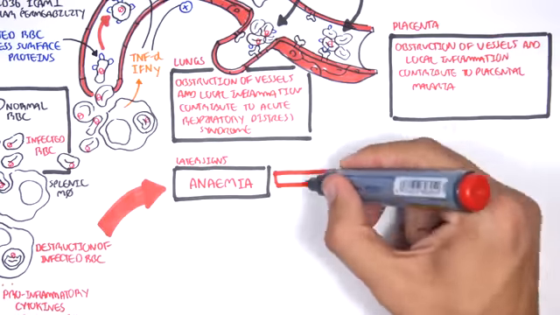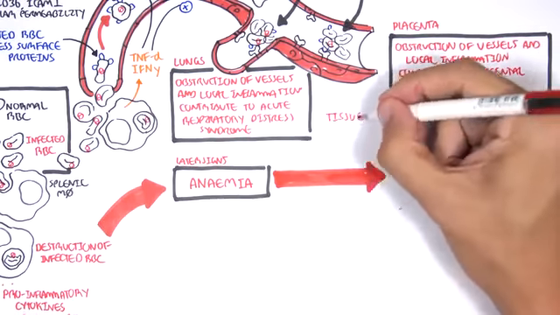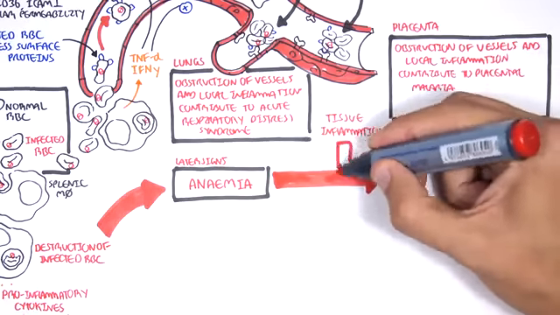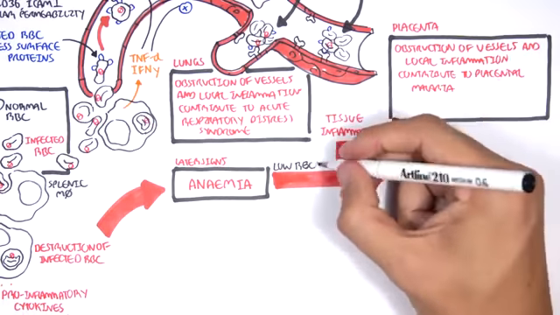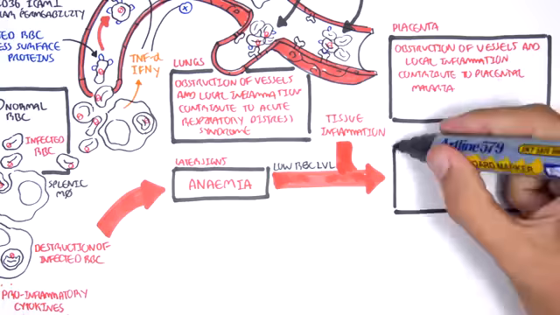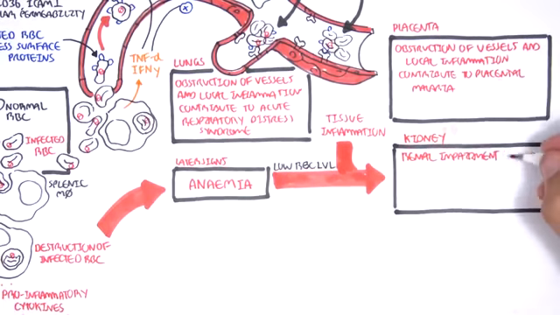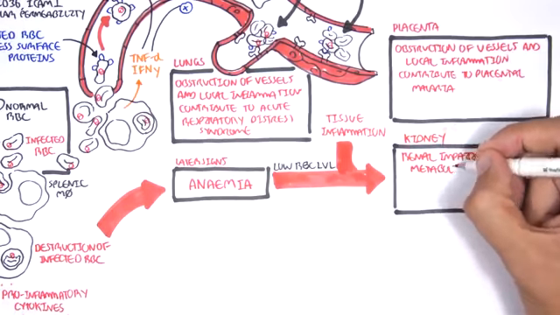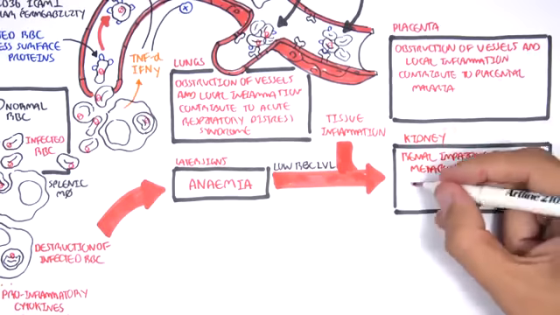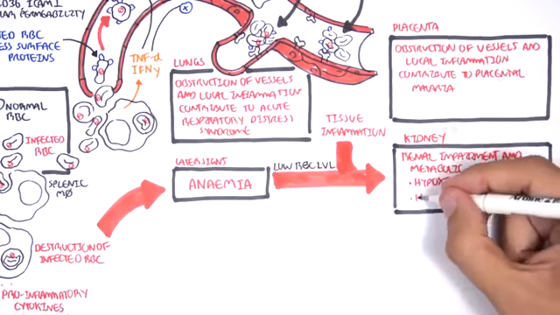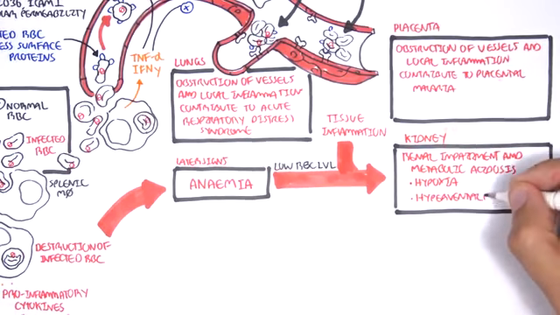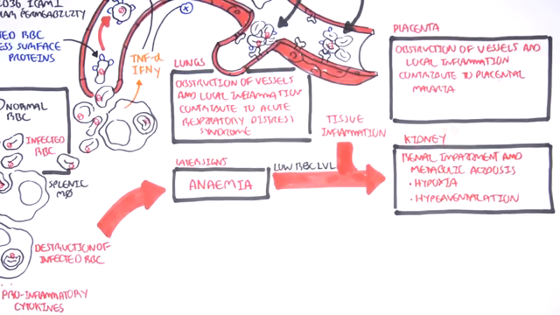Finally, the kidneys. Kidney problems can be caused by anemia and the tissue inflammation and coagulation process. And this will lead to renal impairment and metabolic acidosis. And this can all cause hypoxia and hyperventilation due to the increase in acidity.